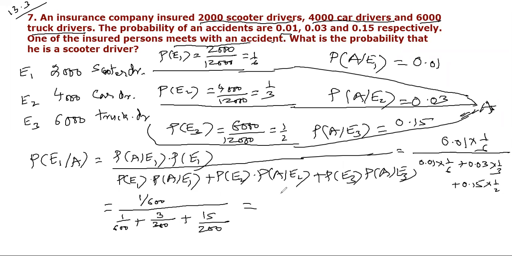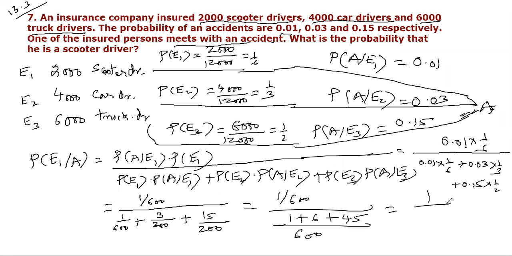Again, LCM will be 600, so here 1 plus 6, because 3 will cancel, plus 45. We get 1 upon 52 is the required probability.